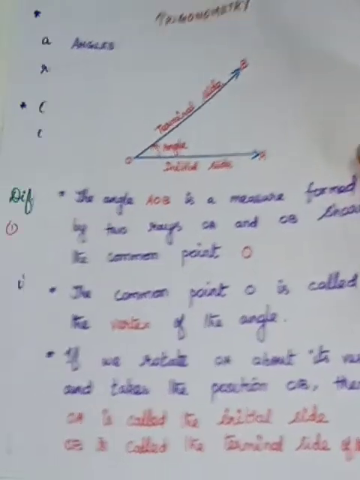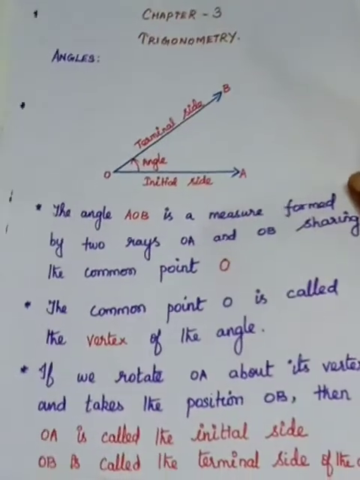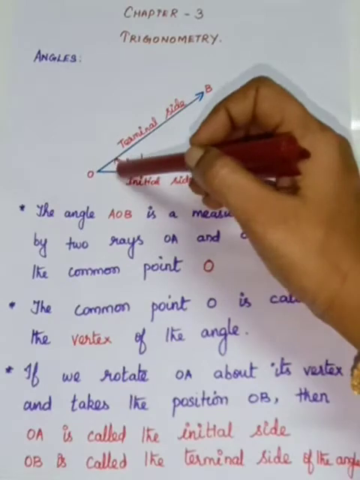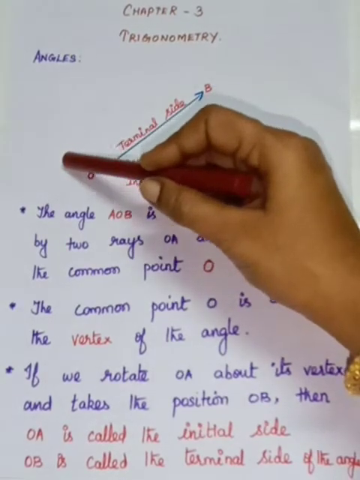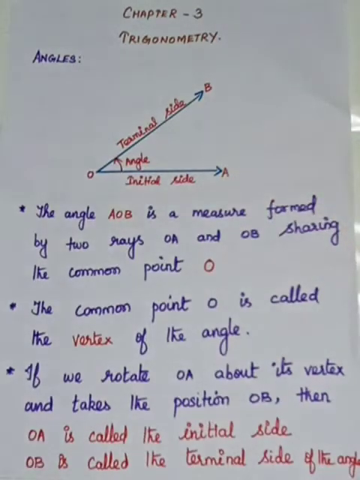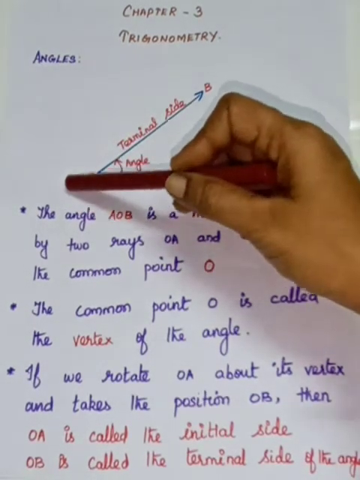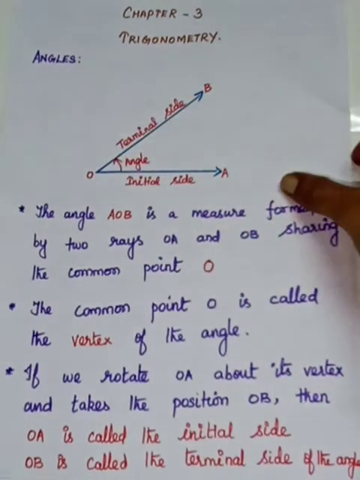An anti-clockwise rotation generates a positive angle, while a clockwise rotation generates a negative angle. That means if the initial side rotates in the anti-clockwise direction, the angle is positive. If it rotates in the clockwise direction, the angle is negative.